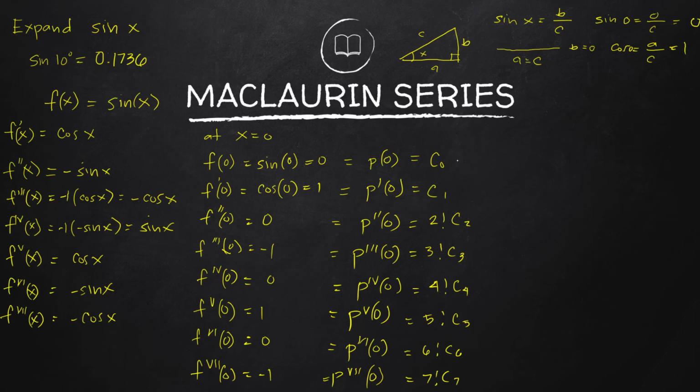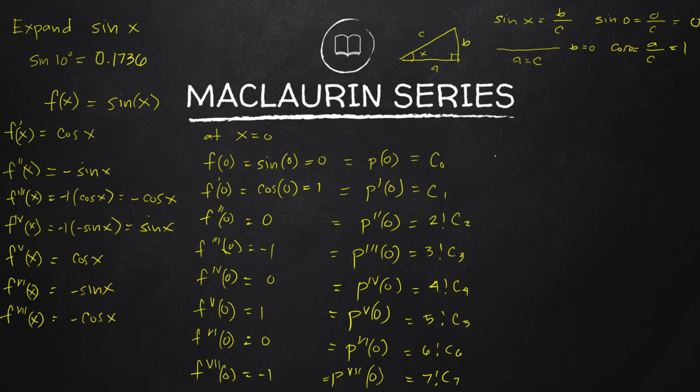Now, since we know the value of this, we have equated these values, we can now solve for the values of your constants by equating 0, 1, 0, negative 1, 0, 1 to these values, yung p and its derivatives.